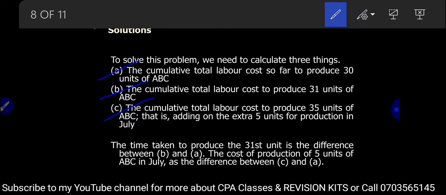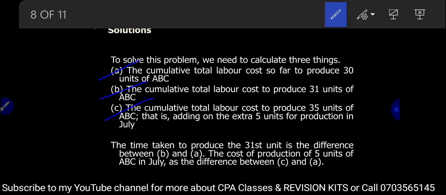That's what we need to find out, the time taken to produce that extra one unit from the 30, because initially we have a cumulative of 30, but we needed to make a cumulative total of 31 units. So that time taken to produce the extra unit, that's what we need, as well as its cost.